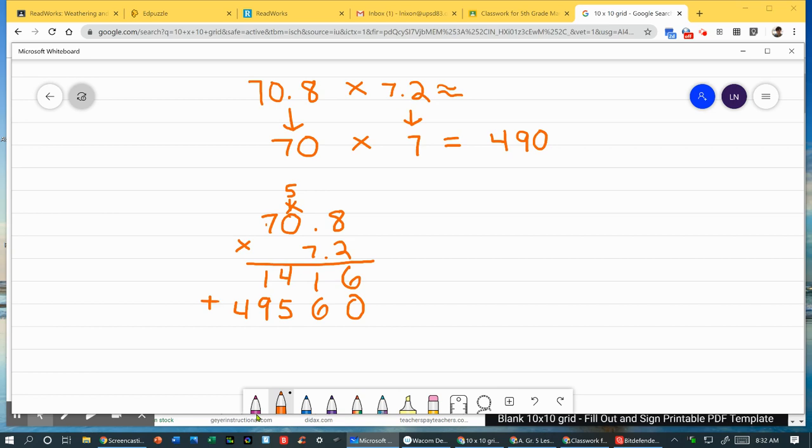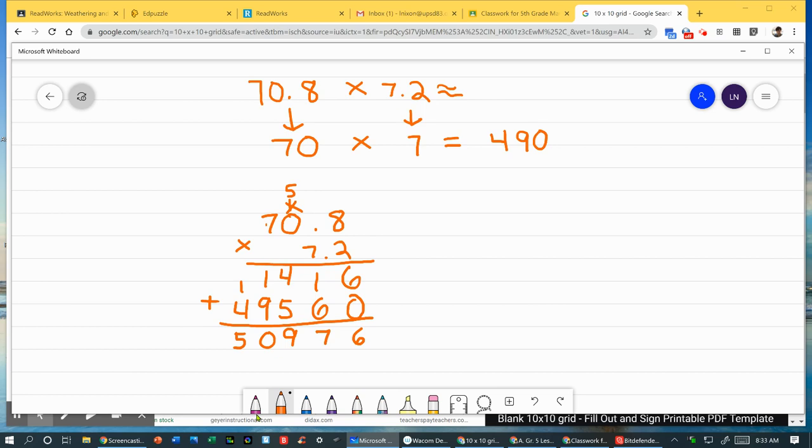When I add up these partial products, 6 plus 0 is 6. 1 plus 6 is 7. 4 plus 5 is 9. 1 plus 9 is 10. And then 1 plus 4, that'd be 5. Now, I'm not quite done yet. I do have to place my decimal.